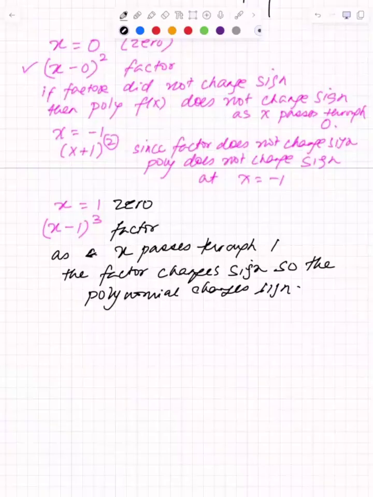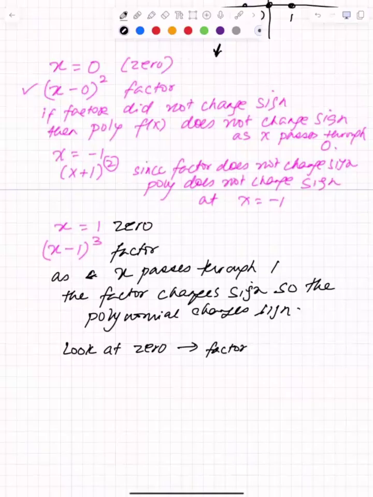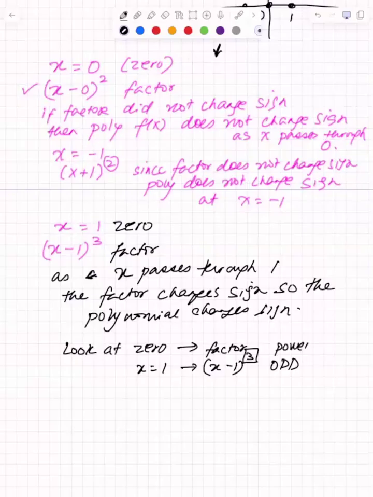Now here is the simplified version. You look at the zero, and then you look at the factor associated with that zero. For example, the zero was 1. The factor associated was x minus 1 cubed. You see, the power of the factor is odd. If the power is odd, then the factor changes sign.